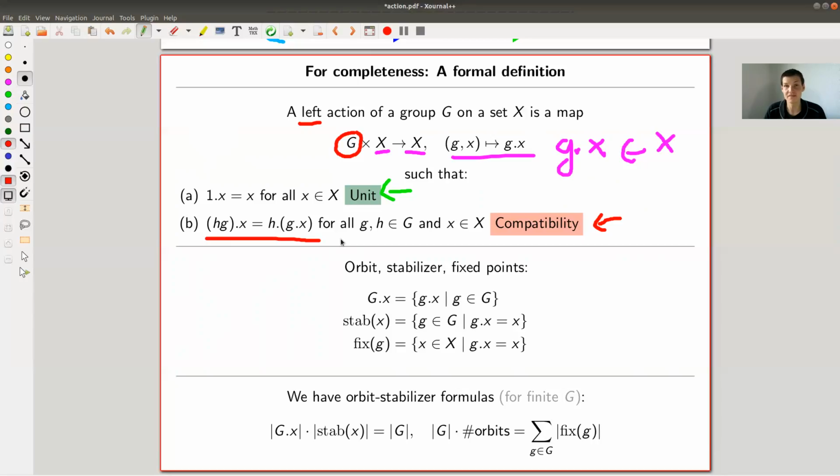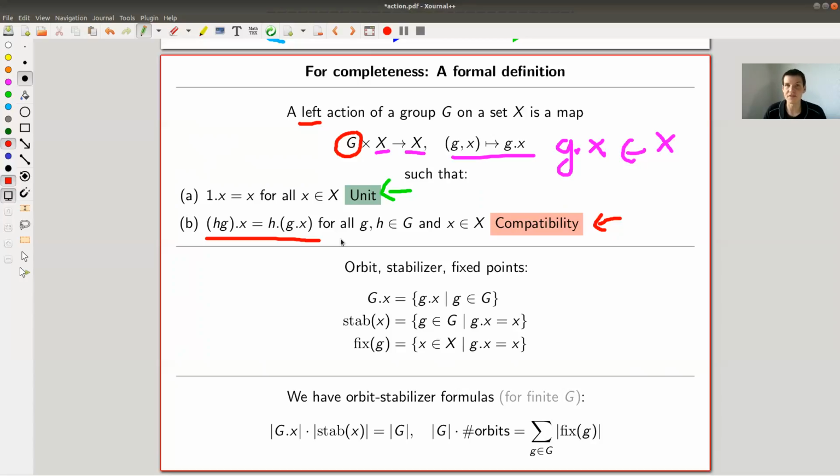As you can imagine, there's almost no data here, so there are zillions of group actions. There are really a lot. In practice, you would think of X as not being just a set, but maybe it already has some structure. It might be a vector space, for example, and it would require a little bit more. If you act on a vector space, which is linear, then you might want your group action to be linear in a certain sense.